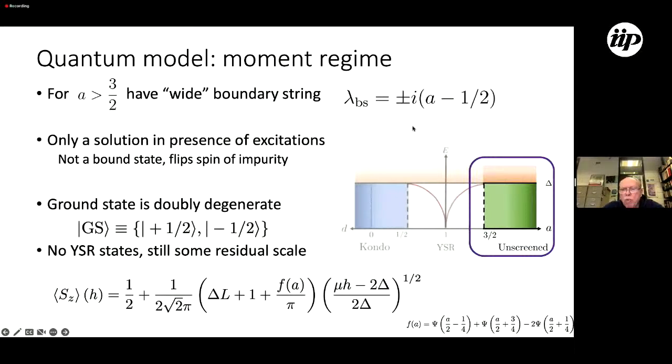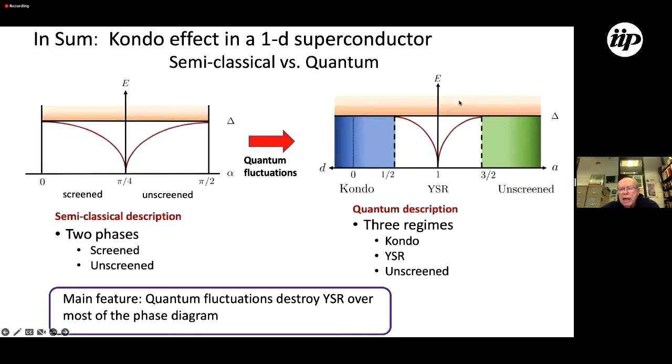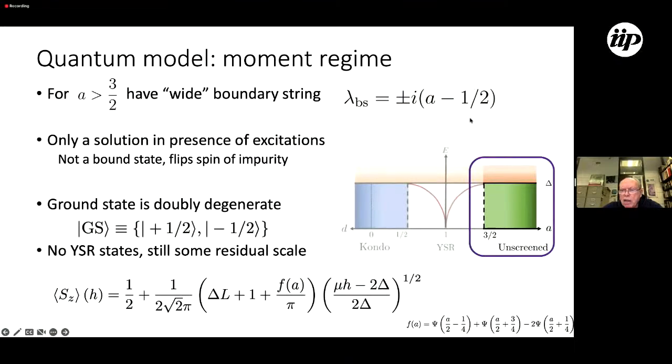And now we are going to the wide, again, that's a technical statement. When A is larger than 3/2, the lambda bound state is of this form. It does not screen anymore, and it's a solution.